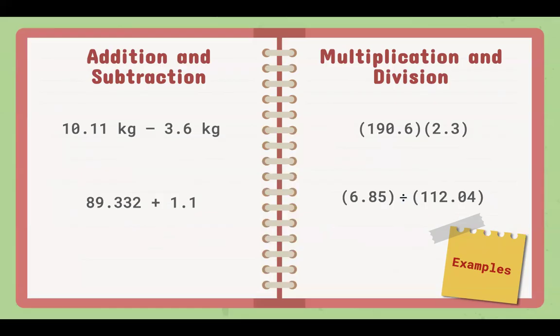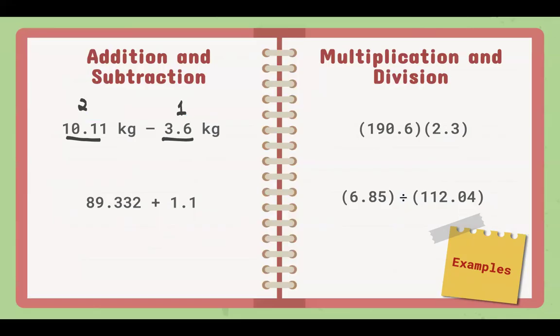But following the rules on significant figures, we have to follow the fewest decimal places between 10.11 and 3.6, which has the fewest or least decimal places. The one with the least number after the decimal point. So we have 2 decimal places for 10.11 and 1 for 3.6.